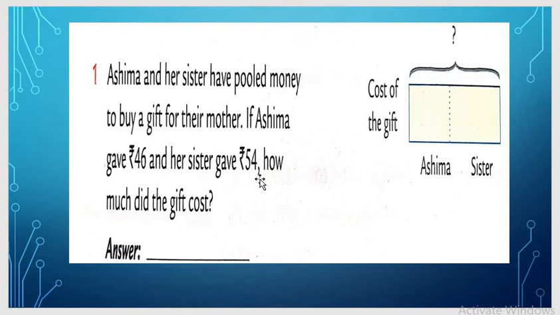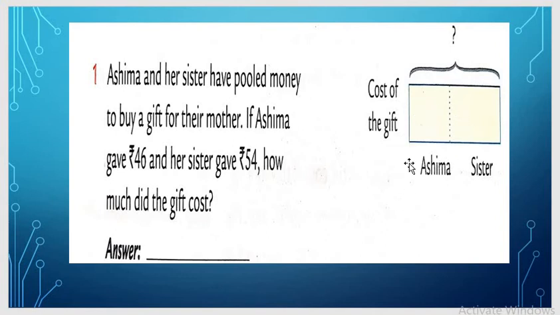Again I'll repeat. Ashima and her sister have pooled money to buy a gift for their mother. If Ashima gave 46 rupees and her sister gave 54 rupees, how much did the gift cost?